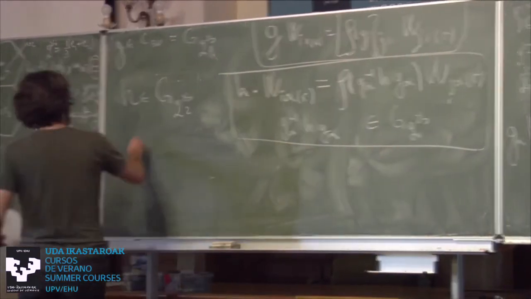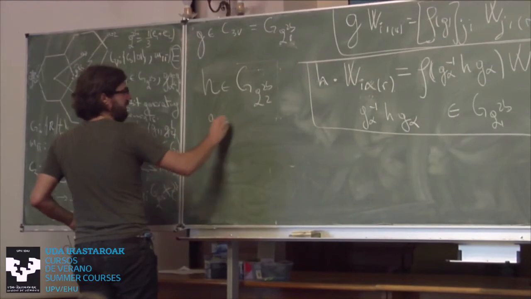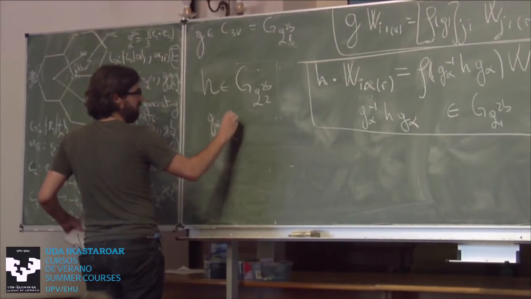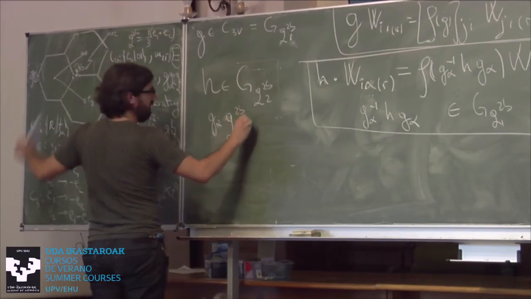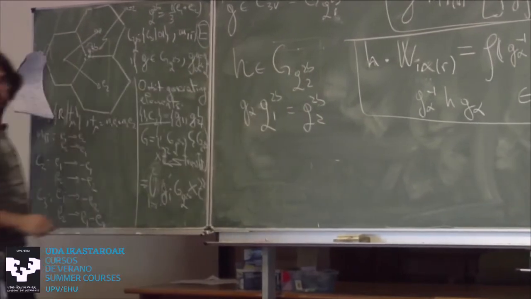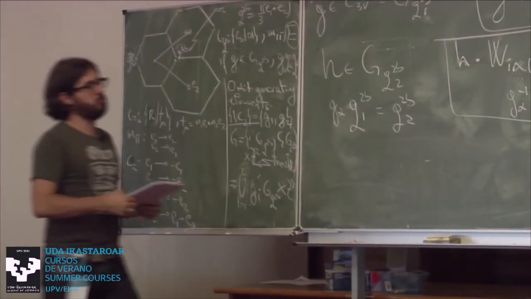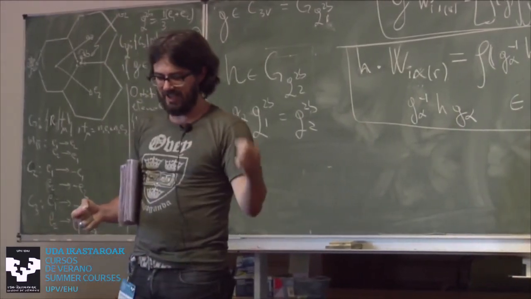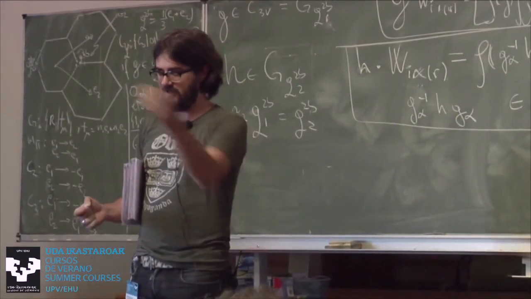G alpha, by the way, is given by acting G alpha on q1 to get q2. That's the relationship between them. So to find an induced representation, you look at the group element that takes one site into the other.